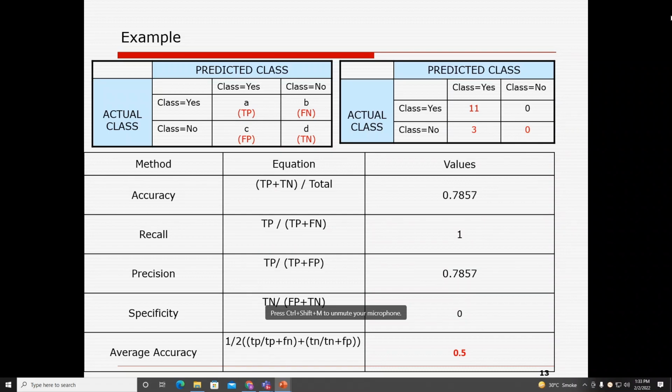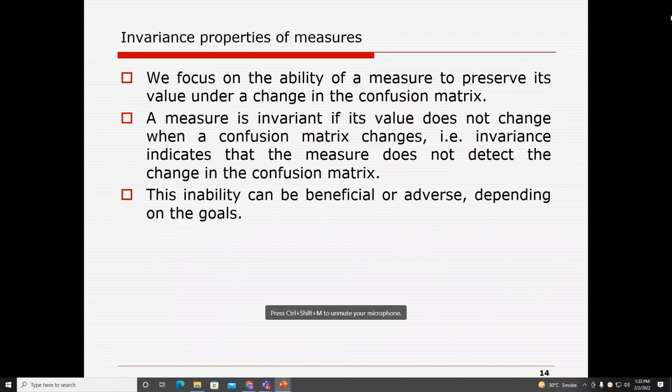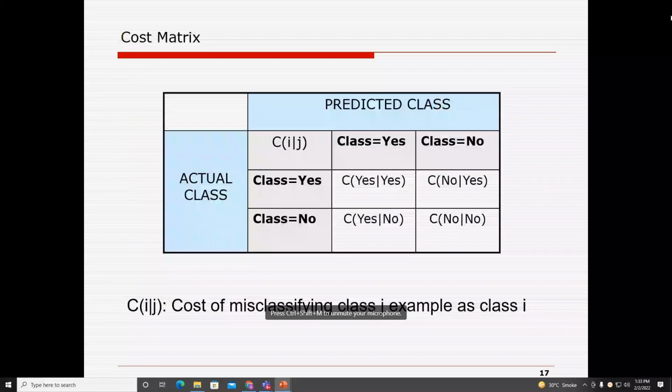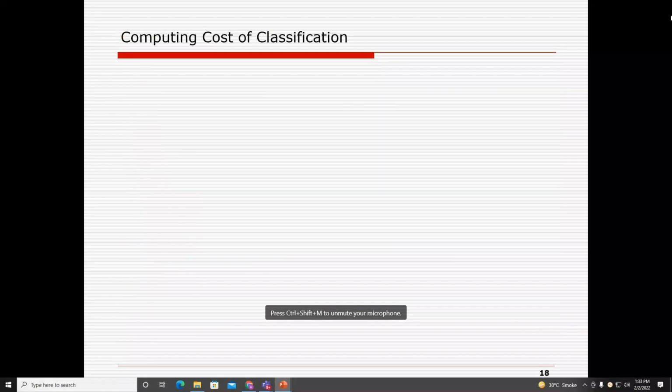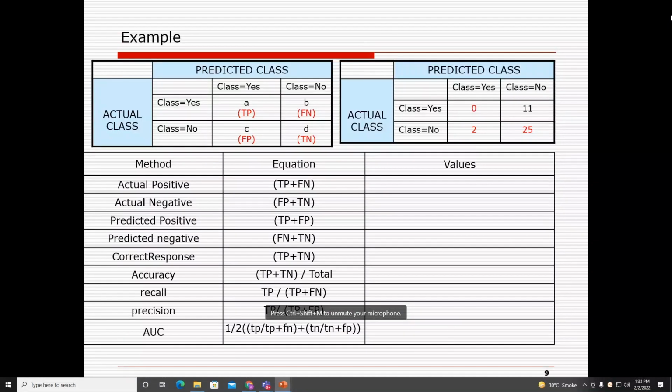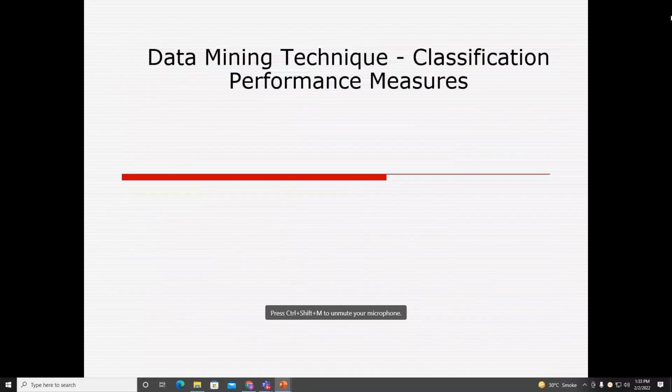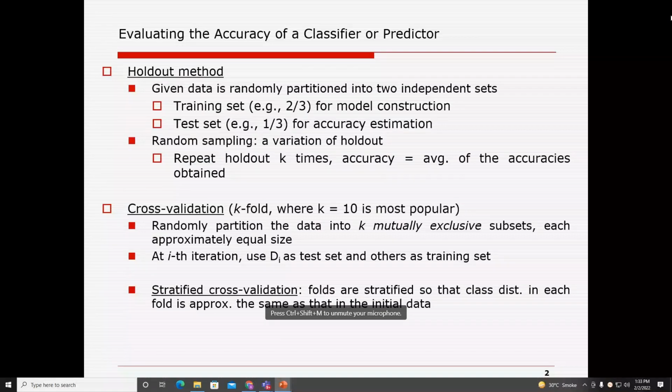It means it is more compatible with that kind of data. So these are the various measures to evaluate the accuracy of the classifier.